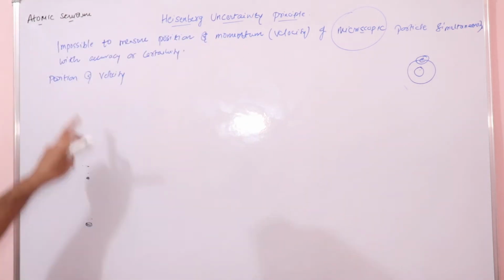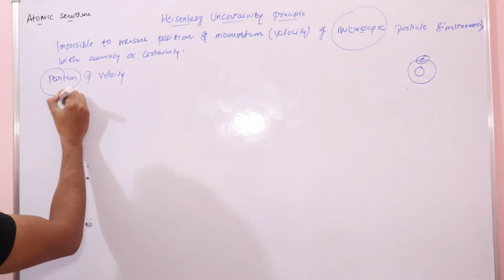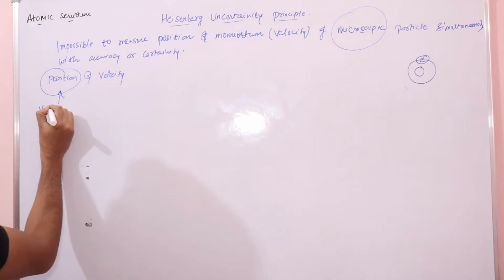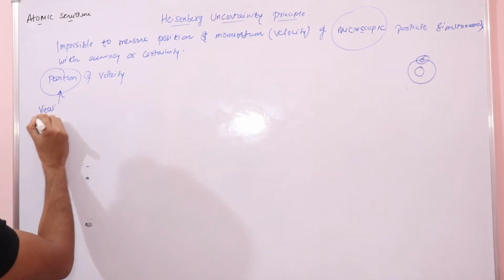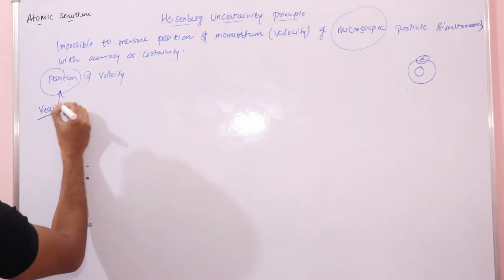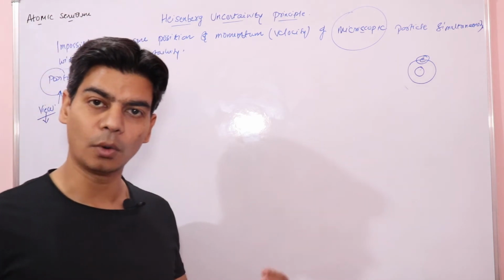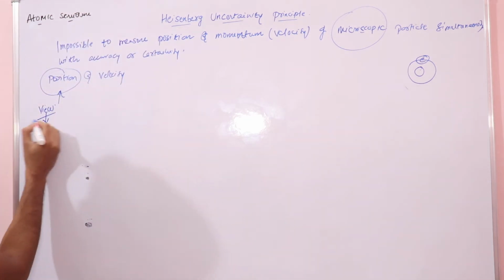So the object's location or position is known when we can view that object, and we can view it because the light reflected by the object falls in the visible region.